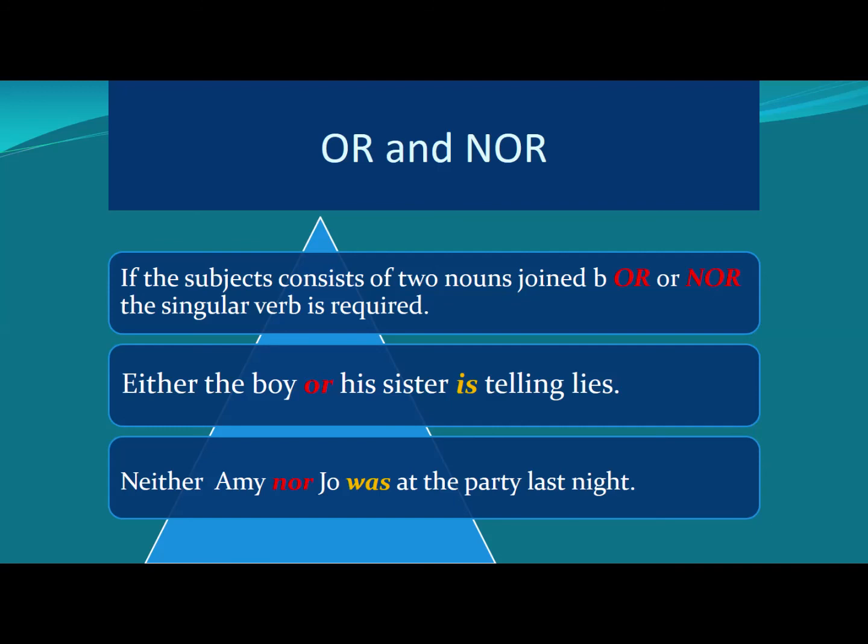Now the next sentence: neither Amy nor Joe was at the party last night. We are talking about two singular subjects here, and here we will use a singular helping verb.